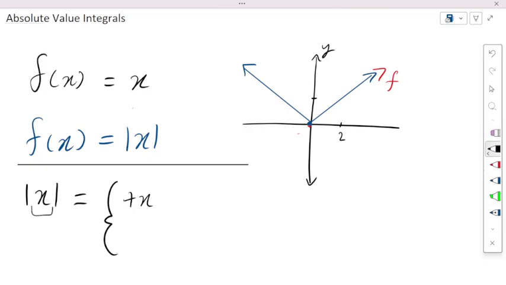If x inside of the absolute value, or the function in the absolute value, is positive, that is if x is greater than or equal to 0, the output is x. And it will be negative x if x is less than 0.